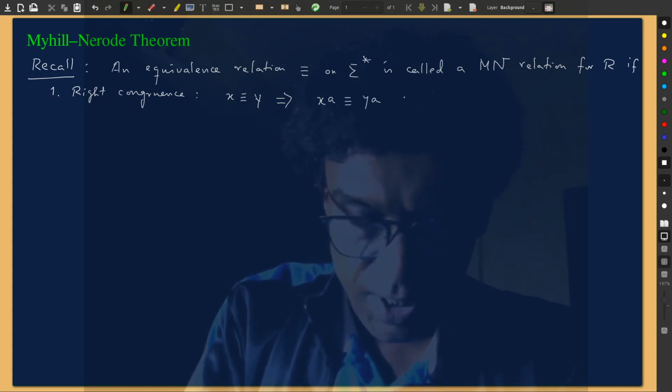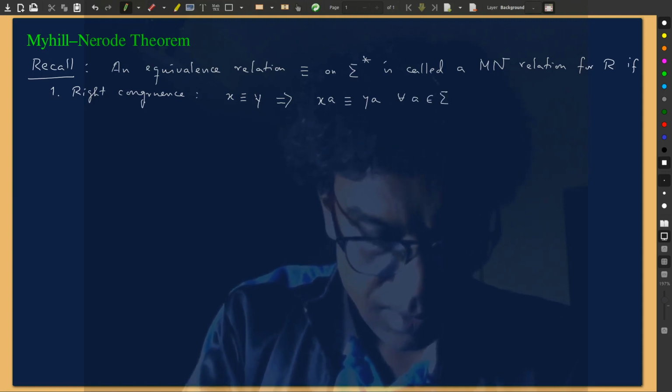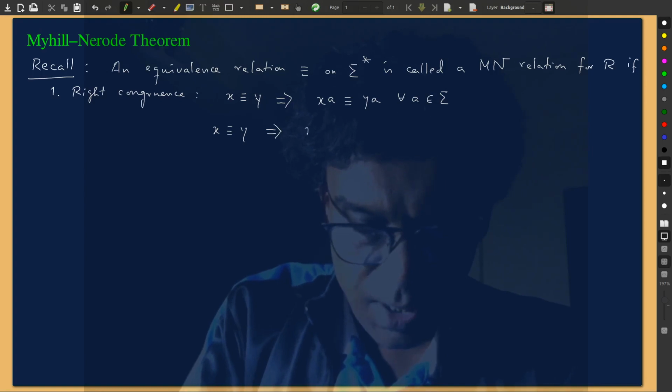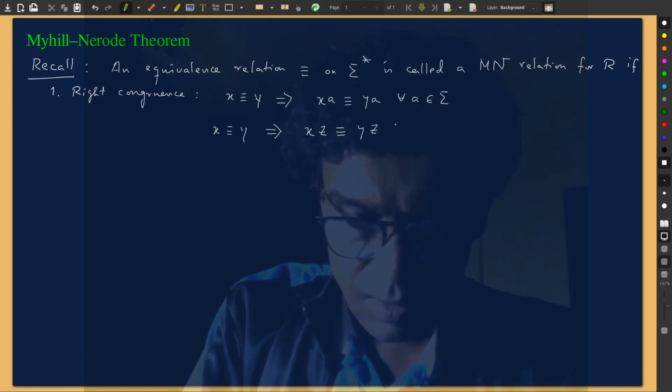So for all a in sigma. In fact, this essentially generalizes to this: if x is congruent, or equivalent, to y, then we have xz equivalent to yz, and this is for all z in sigma star.